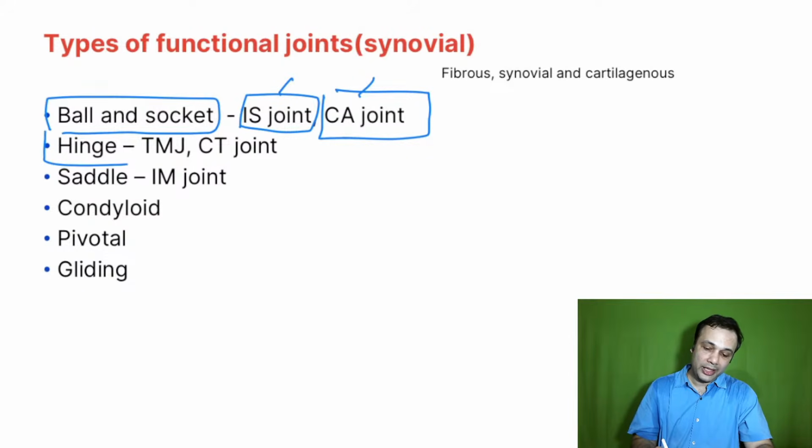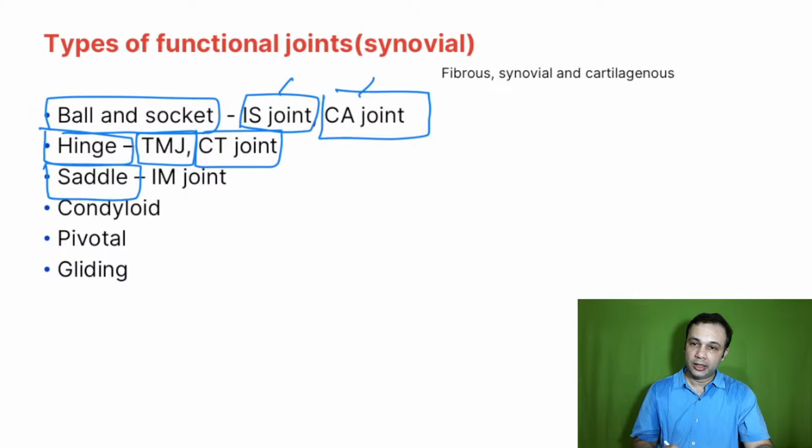When we talk about hinge joints, it is the temporomandibular joint and the cricothyroid joint. When we talk about saddle, it is incudomalleal joint. Okay, so Rahul, remember, incudomalleal joint is saddle, incudostapedial joint is ball and socket.